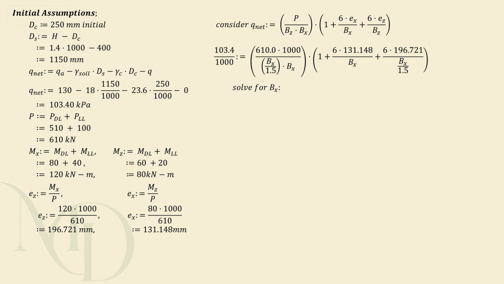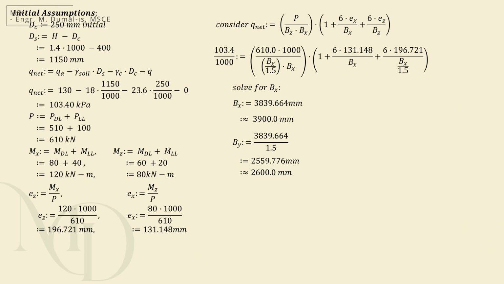With that assumption, the only remaining unknown is dimension Bx, which we can now solve for directly, using trial and error approach, or using the shift-solve function of any standard engineering calculators. With that said, the computed value of Bx is 3.84 meter, or if rounded up it becomes 3.9 meter. We will use that same value to compute dimension Bz, which evaluates to 2.6 meter.